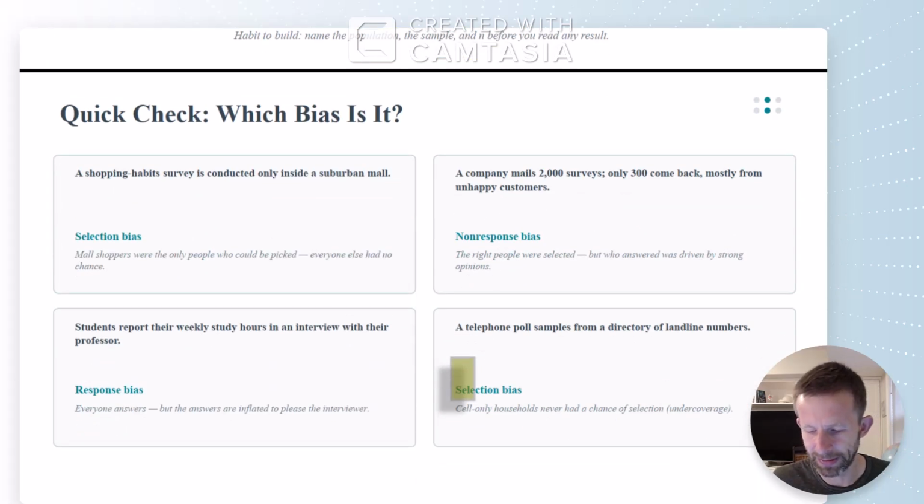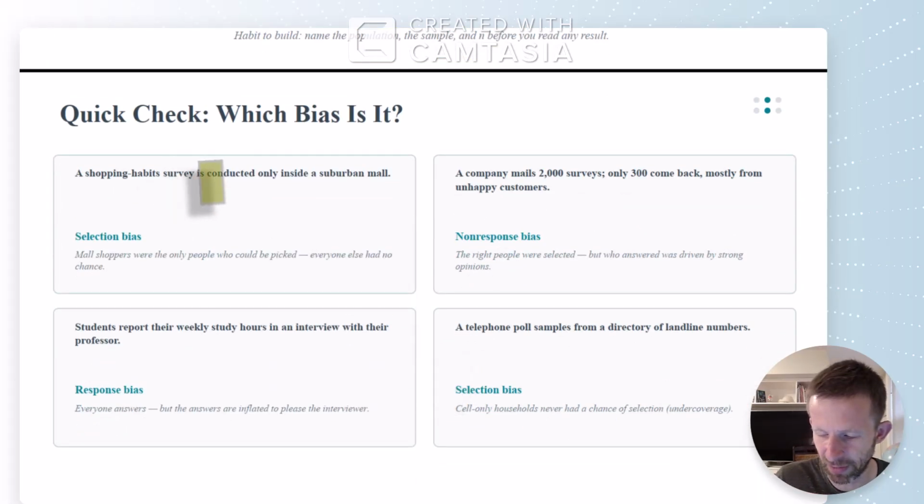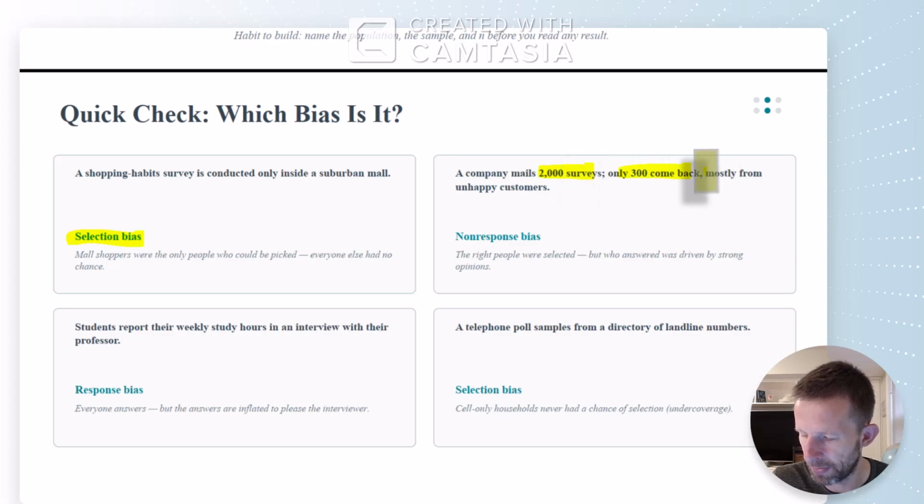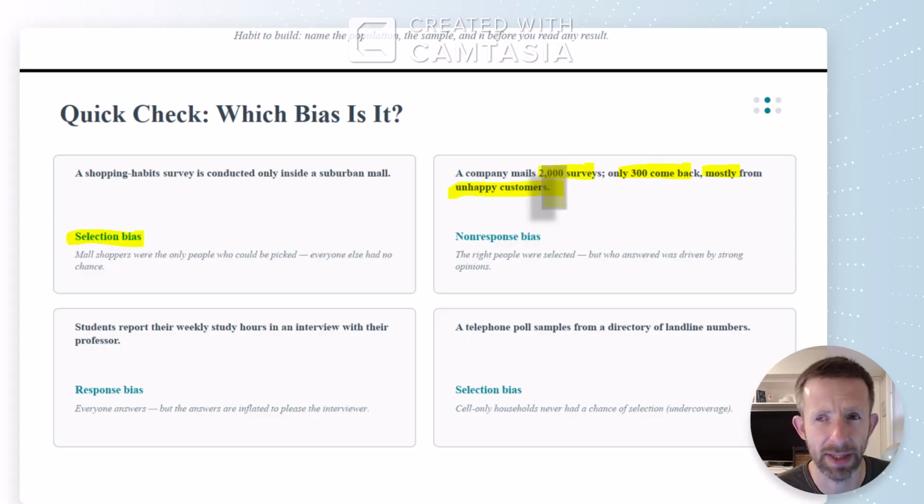Quick check, which bias is it? A shopping habits survey is conducted only inside a suburban mall. That would be a selection bias. A company mails 2,000 surveys, only 300 come back, mostly from unhappy customers. It could flip the other way too, right? The people who post reviews might be only people that were very happy with the service. Once again, it's unrepresentative of the population.